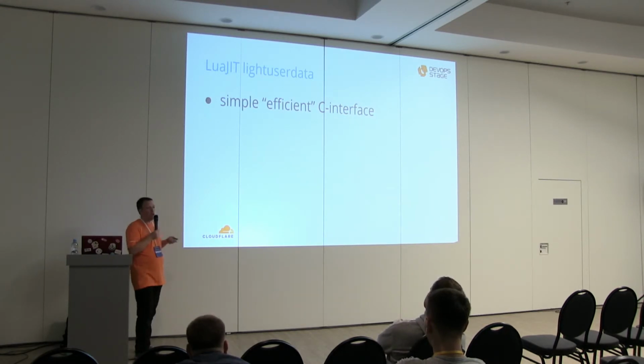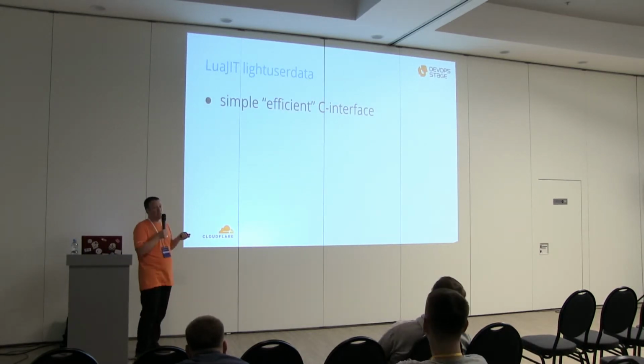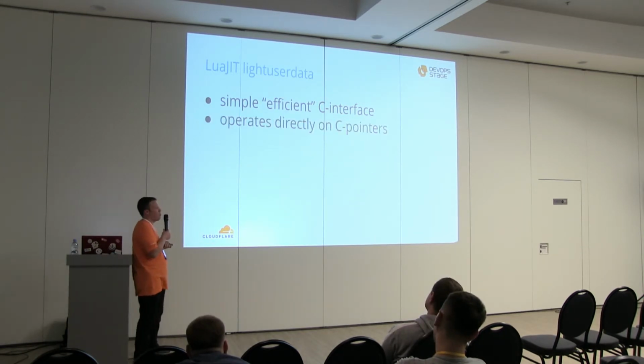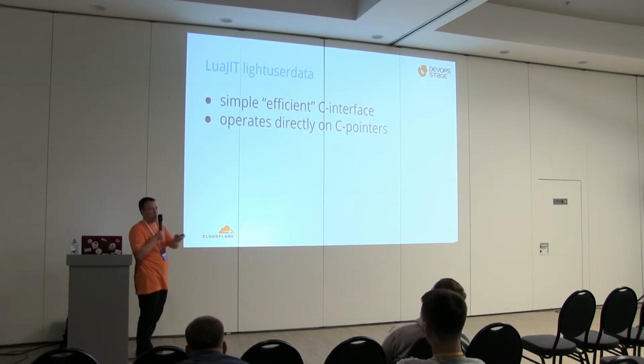We use LuaJIT obviously to make Lua faster, and some of the LuaJIT internals use this module, which is basically a simple, efficient C interface. This is how Lua code and C code interact with each other. And efficiency comes from the fact it operates directly on C pointers, so it stores C pointers in Lua variables.